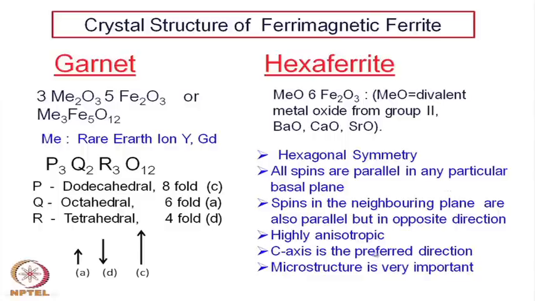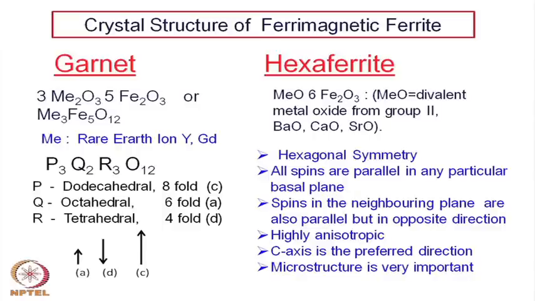Because of the hexagonal symmetry, in this case it is not a cubic symmetry, the properties are highly anisotropic, and the C axis is the preferred direction of orientation. If all the magnetic moments are oriented along the C axis of the crystal, it becomes very difficult to realign them to other directions.